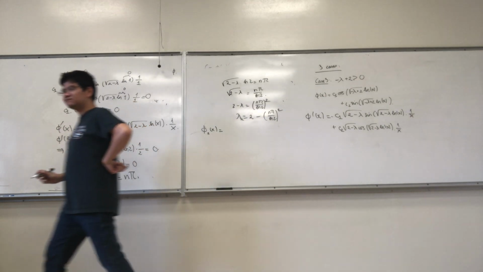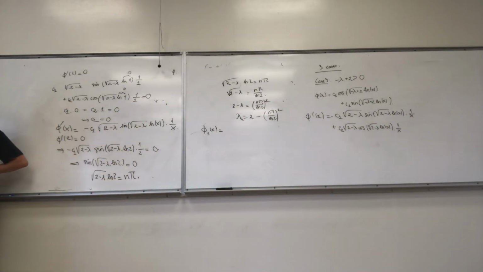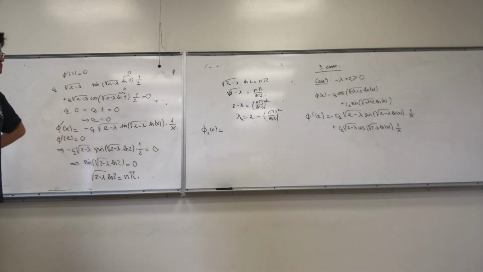What is the value of phi n? Since C2 is 0, as we showed here, it's just the cosine term, not the sine term.